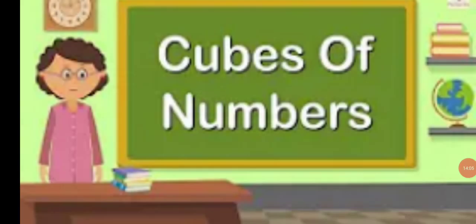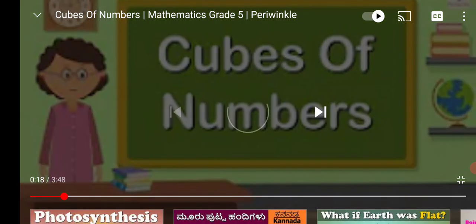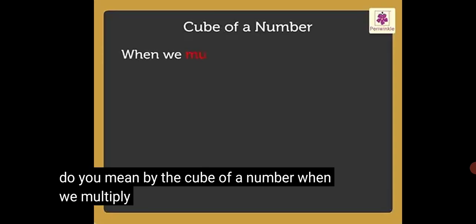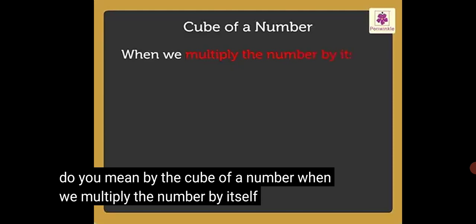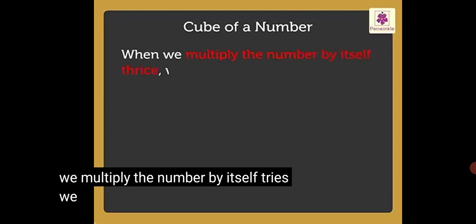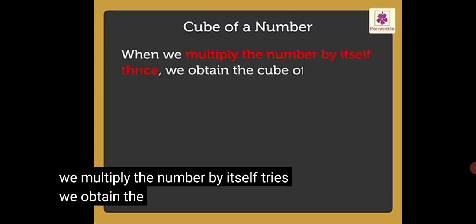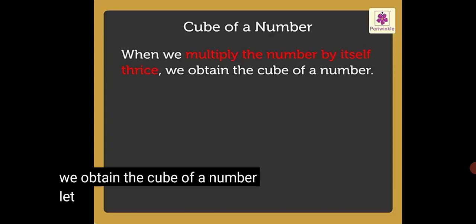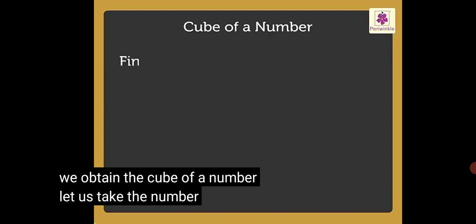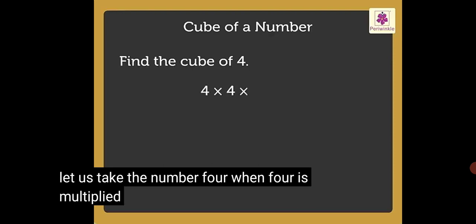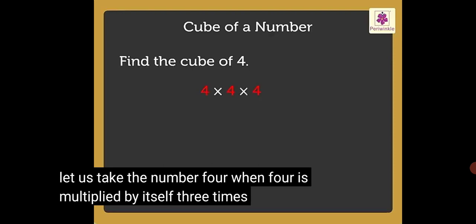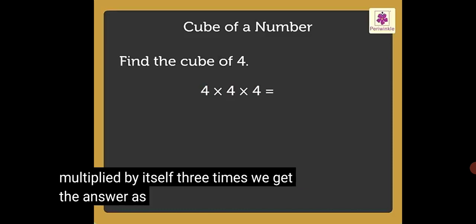Next, cubes of numbers. What do you mean by cubes of numbers? When we multiply the number by itself thrice, we obtain the cube of the number. Find the cube of 4. 4 into 4 into 4 equals 64.